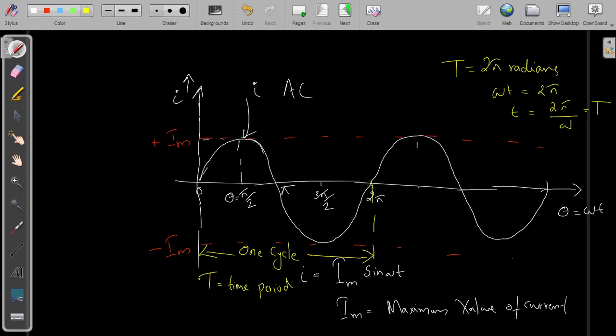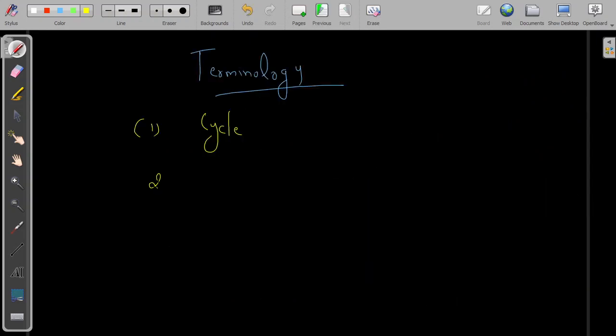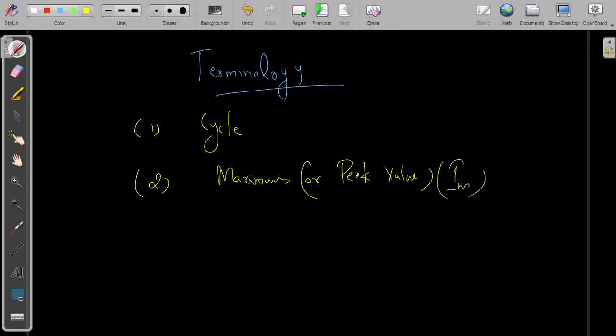Then the next terminology is the maximum or peak value. The maximum or peak value is the maximum value, denoted as Im, positive or negative, of the quantity.